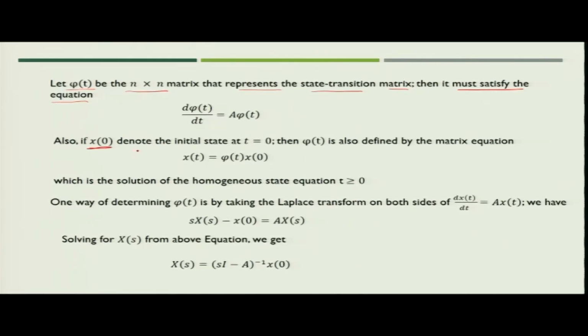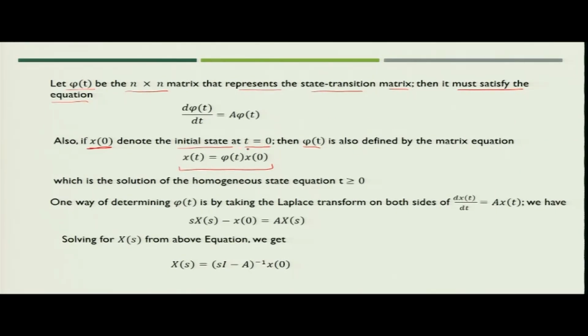Now, if x0 denotes the initial state at time t equal to 0, then phi(t) can also be defined in the matrix equation, and you can write x(t) equal to phi(t) into x0. So, the state transition matrix is the matrix which relates the state at time t equal to 0 to the state at any time t.